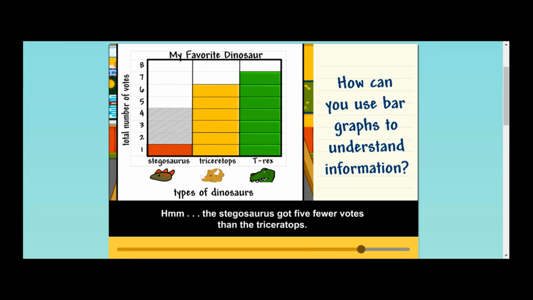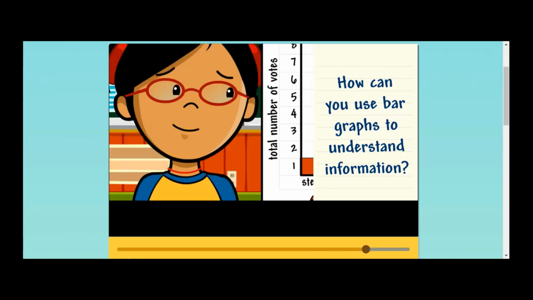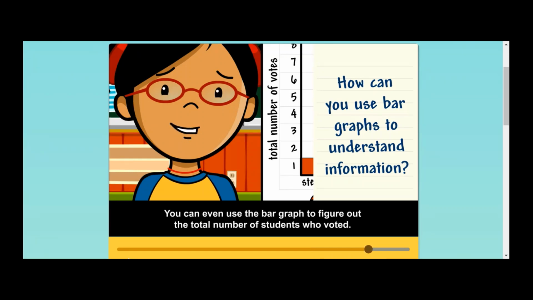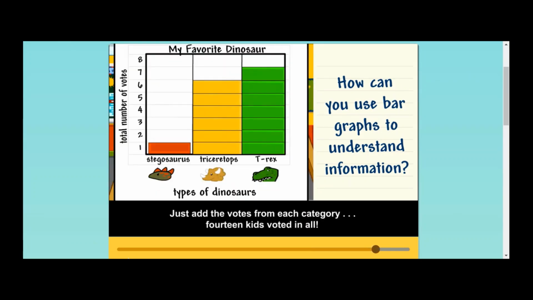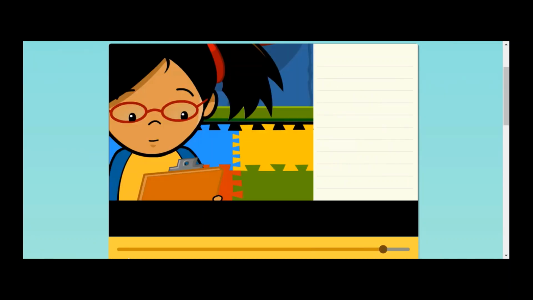The Stegosaurus got 5 fewer votes than the Triceratops. You can even use the bar graph to figure out the total number of students who voted. Just add the votes from each category. 14 kids voted in all.